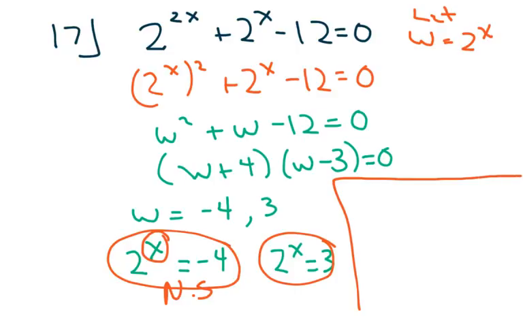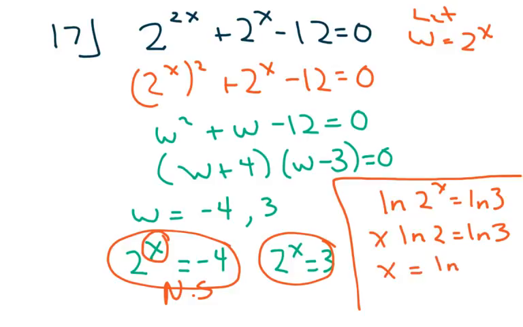So we're going to take natural log, or ln, of both sides. Use my power property, and I'm going to bring the x out front. Then divide both sides by ln of 2.